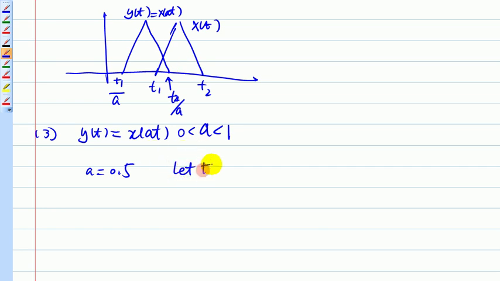Let t equal to 2 and start checking the system. Here y of 2 equals x of 0.5 multiplied by 2, which is x of 1. Then you see that the current output depends only on the past input, so it looks like the system is causal.